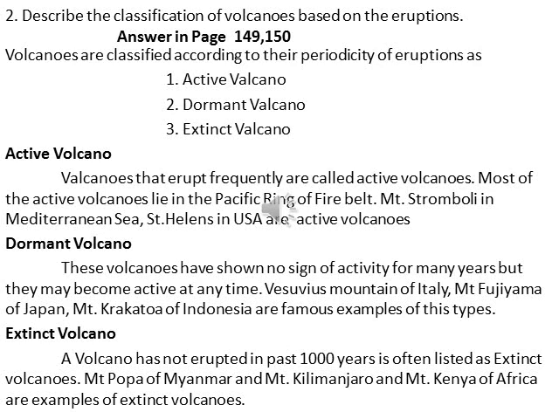First point: volcanoes are classified according to their periodicity of eruption as active volcano, dormant volcano, then extinct volcano. In active volcano, mark the first 2 points. Volcanoes that erupt frequently are called active volcanoes. Most of the active volcanoes lie in the Pacific Ring of Fire belt.